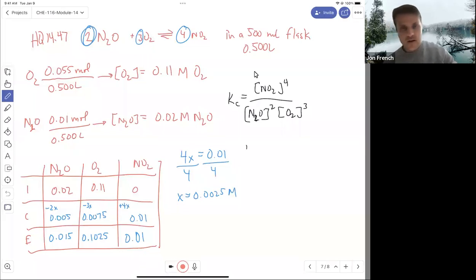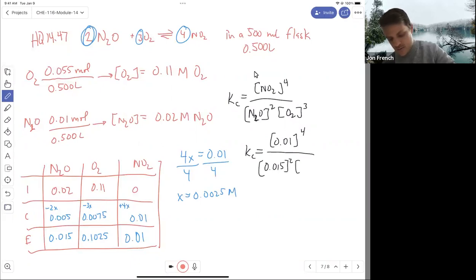I want to plug in my equilibrium concentrations. So 0.01 to the fourth all over 0.015 squared times 0.1025 cubed.